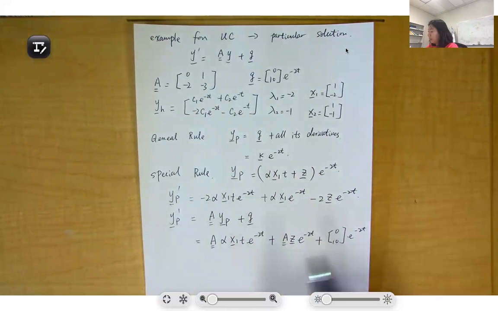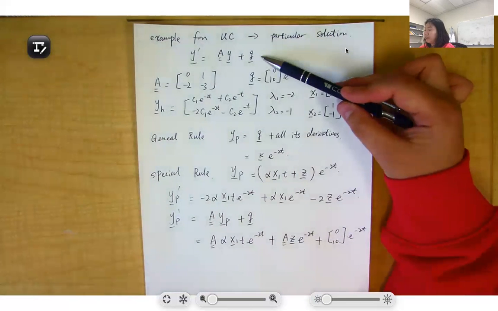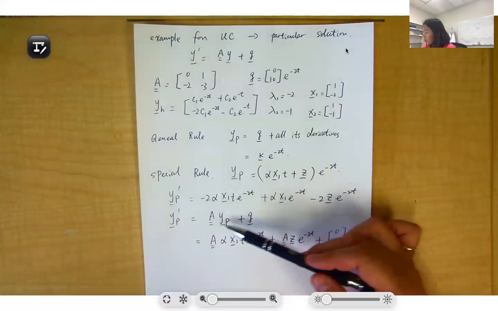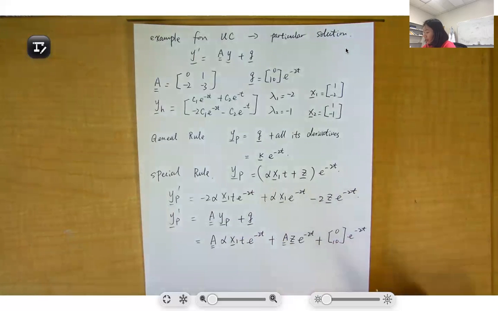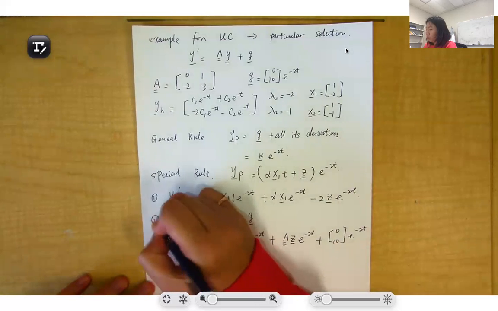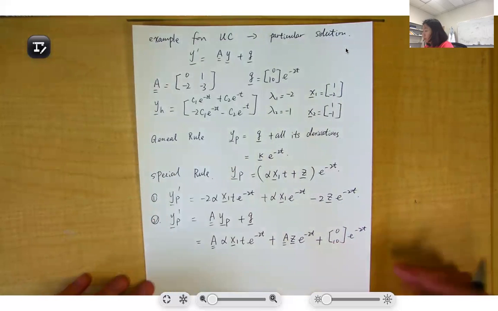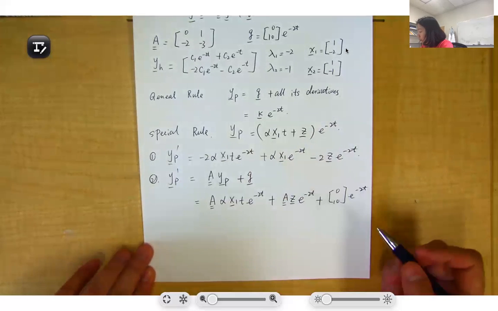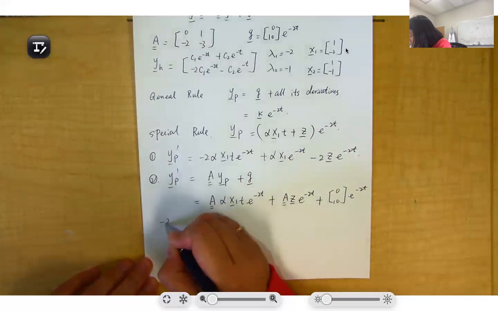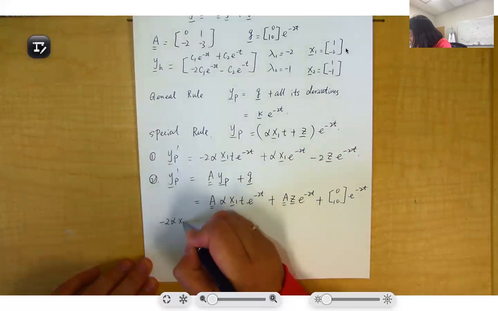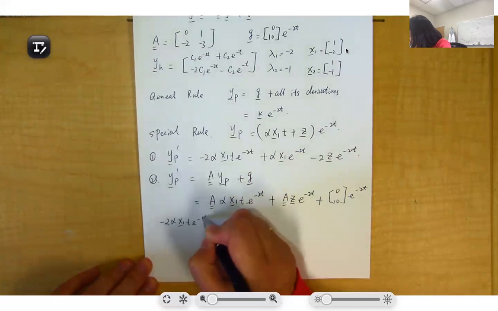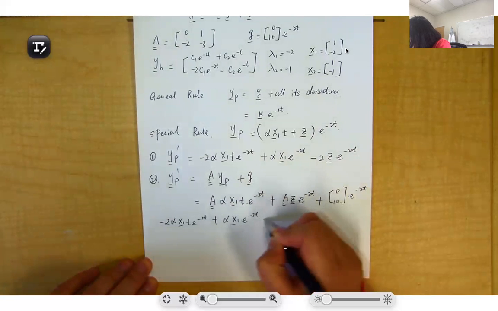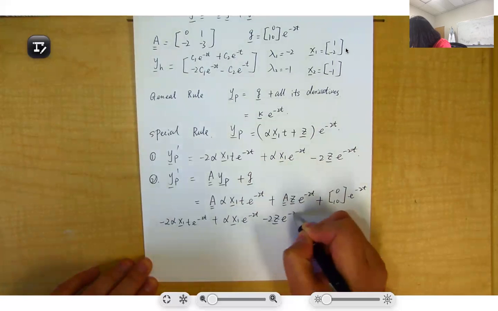Okay, so that is based on the definition of y prime, we can also get yp prime equals A yp plus g. Then this equation one and equation two should be the same, because they all equal yp prime. So we can write negative 2 alpha x1 t e to the negative 2t plus alpha x1 e to the negative 2t minus 2z e to the negative 2t.